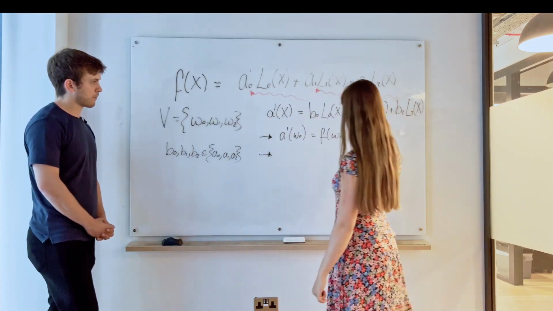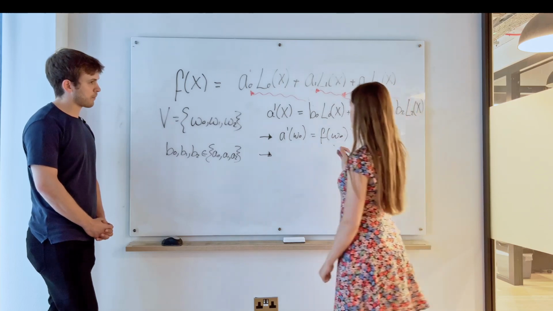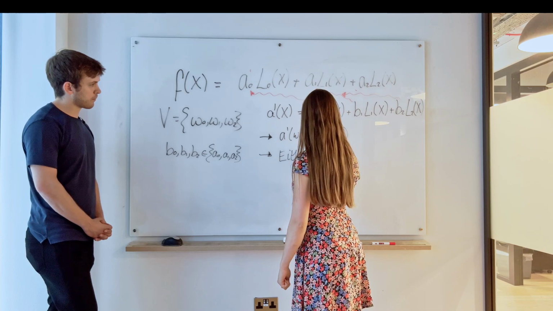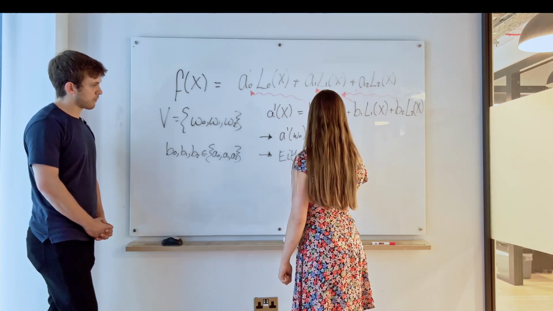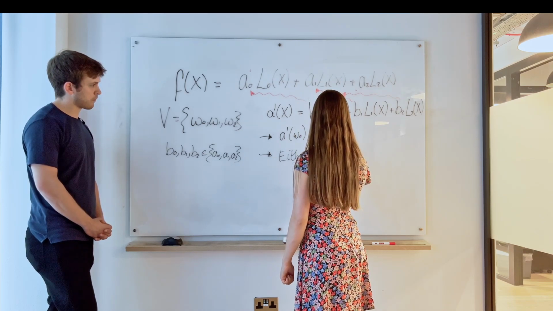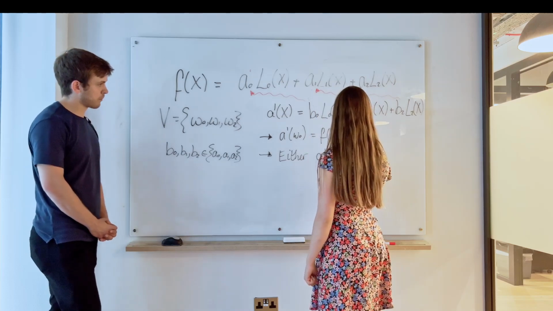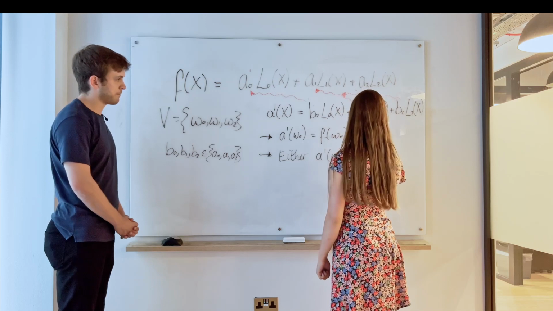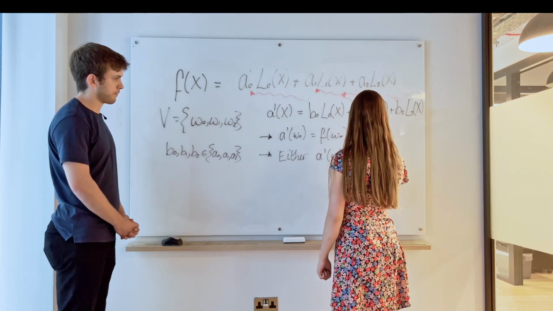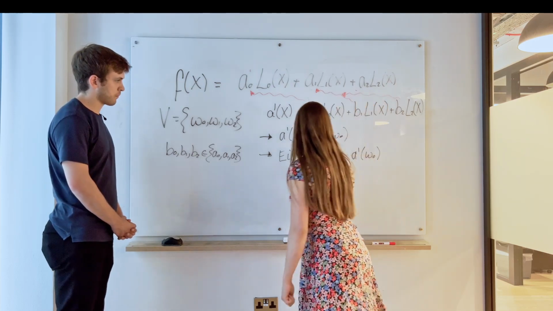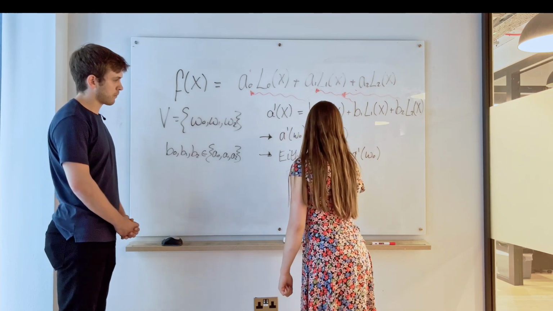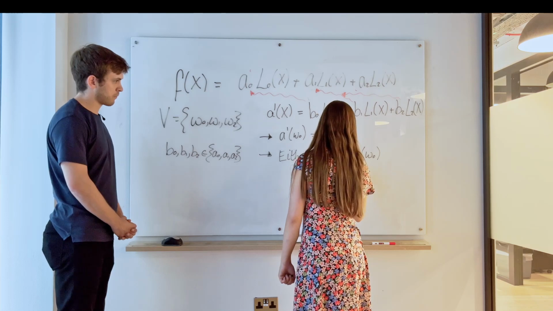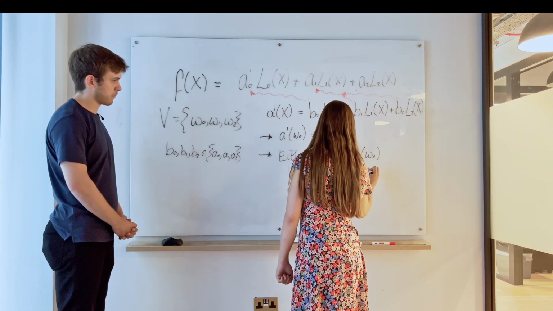We then prove that either A prime of omega 1 is equal to A prime of omega 0, or A prime of omega 1 is equal to f of omega 1.